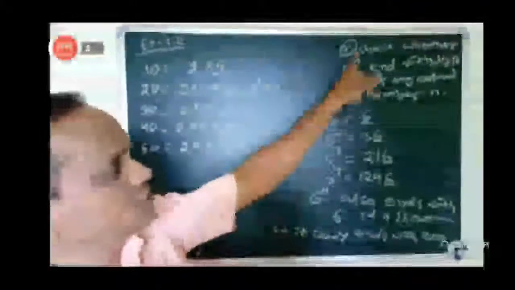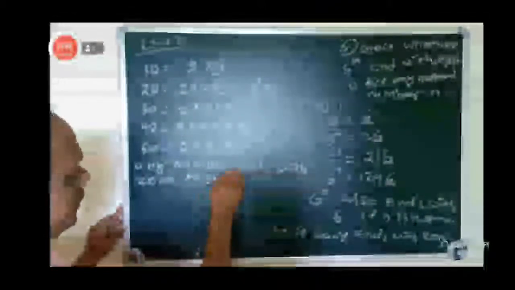So any number that ends with 0 must have a factor 5.